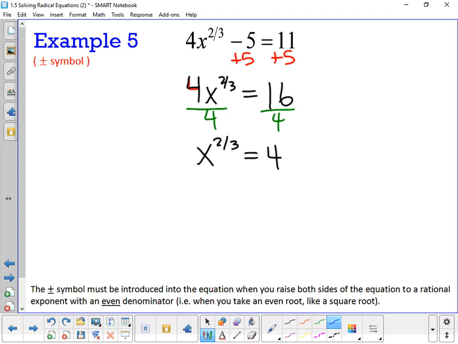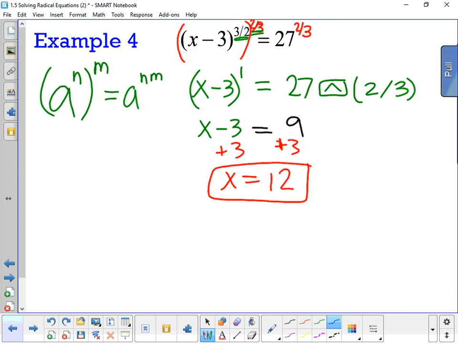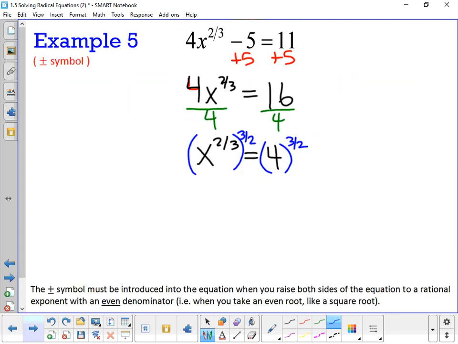And then to undo that power, right now it's a 2/3 power, I'm going to raise both sides to the 3/2 power. Now this is the first one that we've seen that has an even denominator. If you look back to the two prior ones, when we raised it to a power it was 3/5, and here when we raised it to a power it was 2/3.